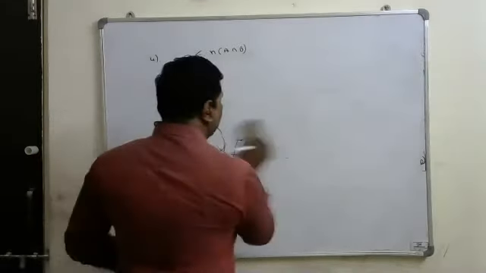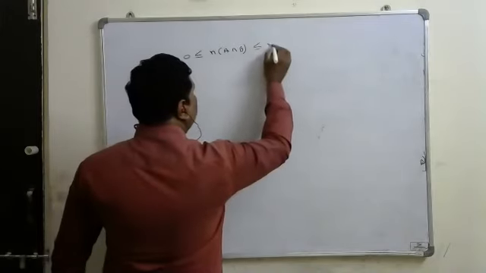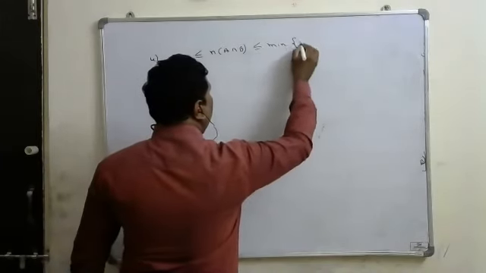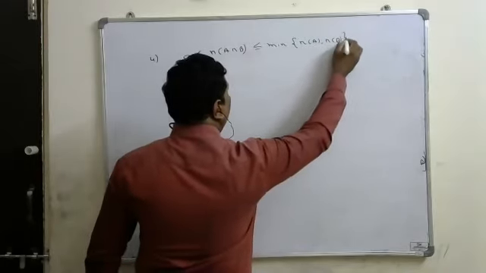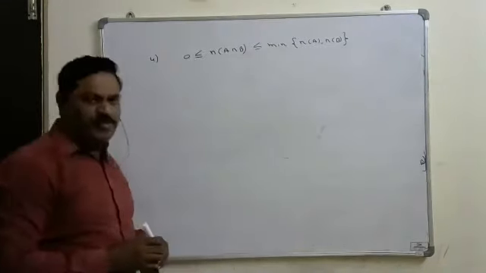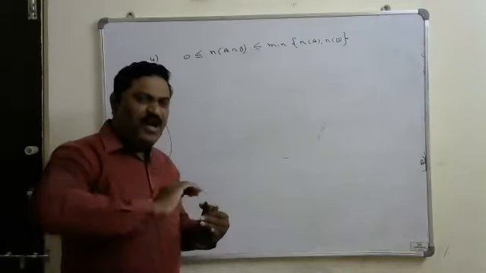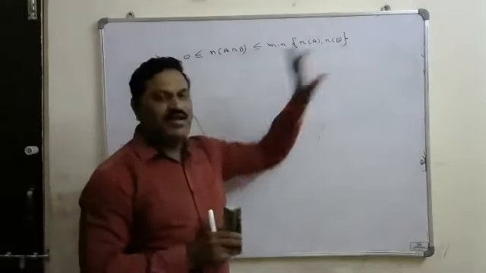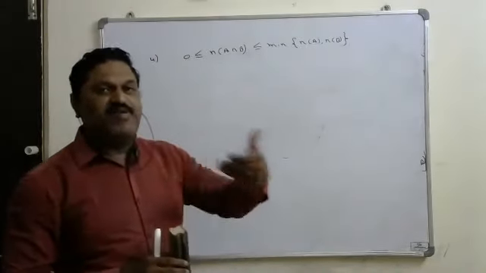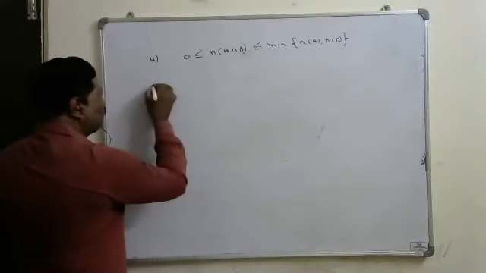That's why the maximum value of n of A intersection B is the minimum of n of A, n of B. This is the range of n of A intersection B that we have to remember: its minimum value is 0 and its maximum value is the minimum of n of A, n of B. That point also we have to remember.